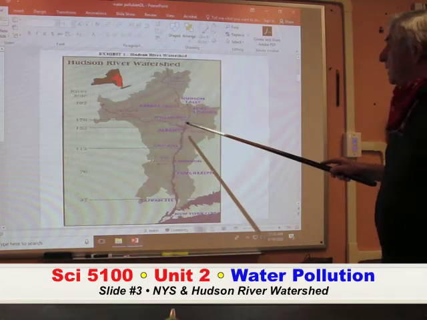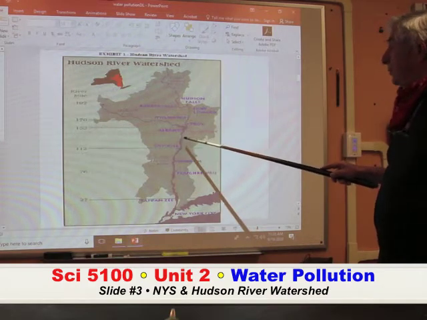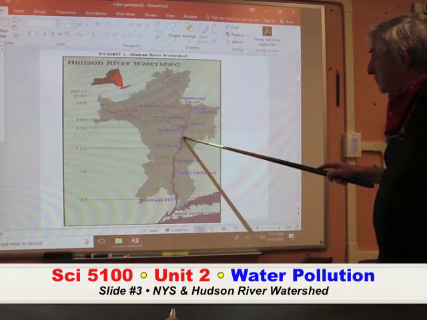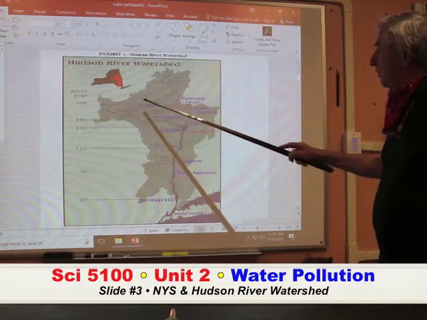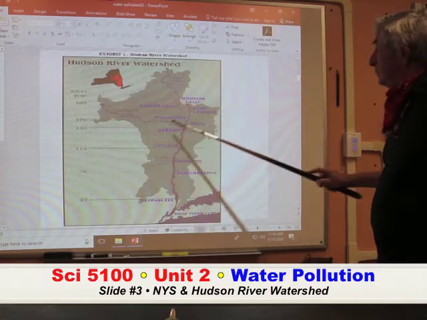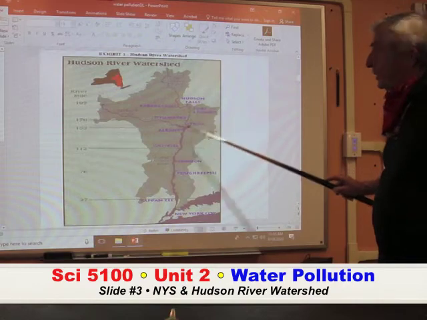The Hudson River really is a river containing water from the slopes of mountains which border both sides of the Hudson River.